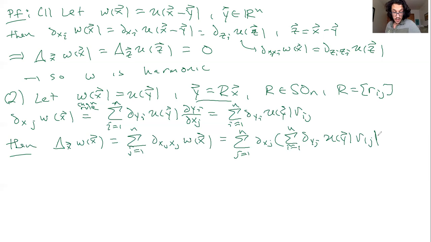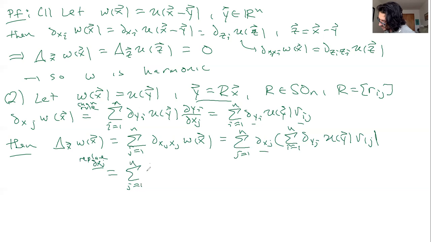Cool. Now, if I go a step further, I can replace the dxj using this knowledge, because dxj essentially is the operation of taking the sum over Rkj times dyk. So now this whole thing is going to be equal to the sum over j equals 1 up to n, replacing it with what I've learned up here, okay?